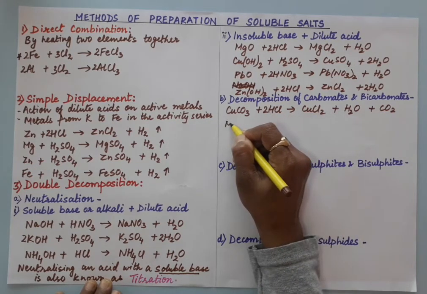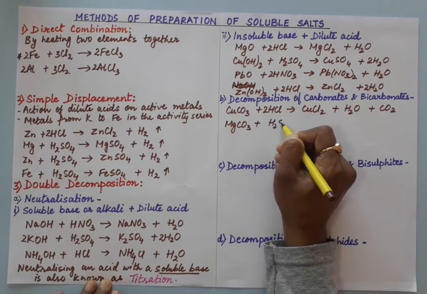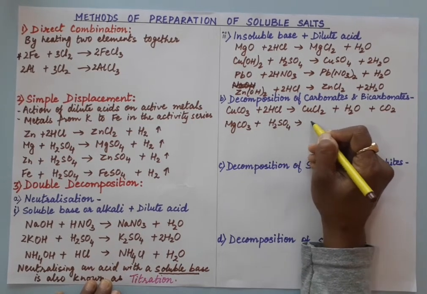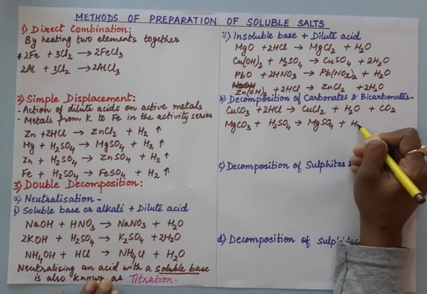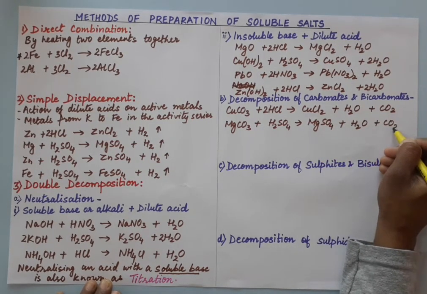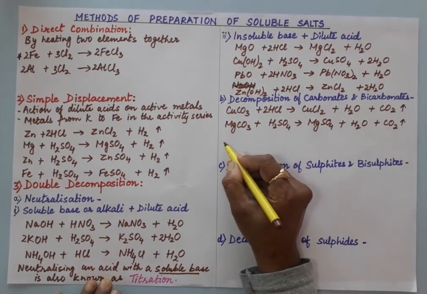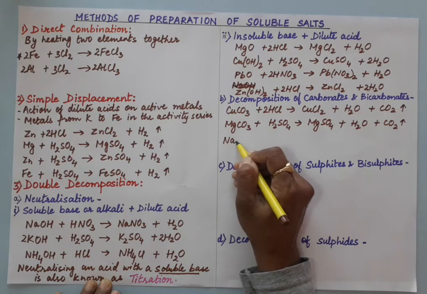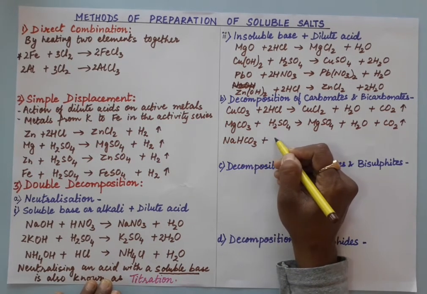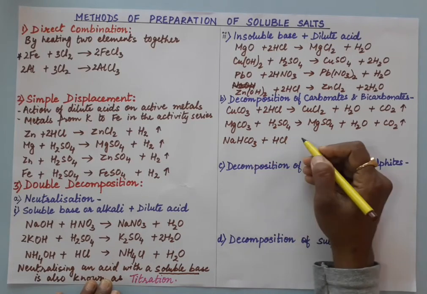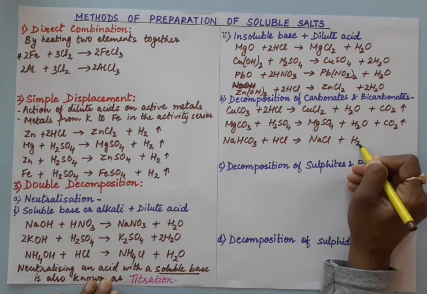Next, you can take magnesium carbonate plus any dilute acid, and when it reacts you get a soluble salt plus water plus CO2. CO2 has no effect on pink potassium permanganate and orange potassium dichromate, so we can confirm the gas by that. And here we are taking bicarbonate, so we get NaCl plus water plus CO2.